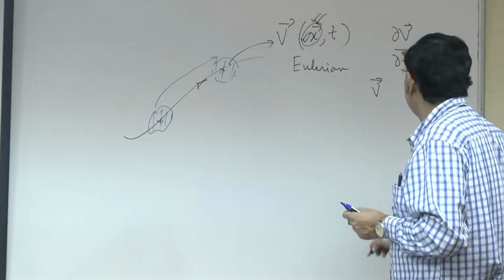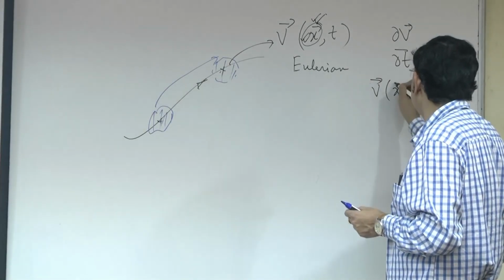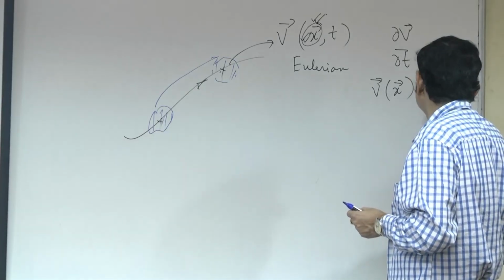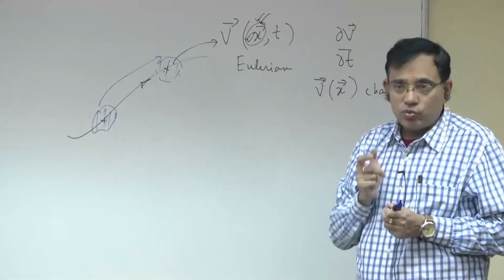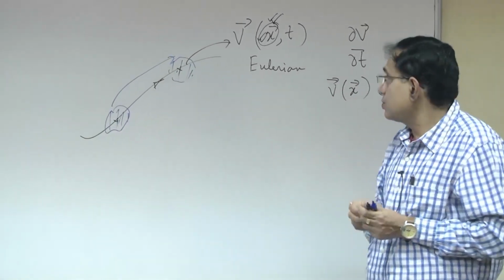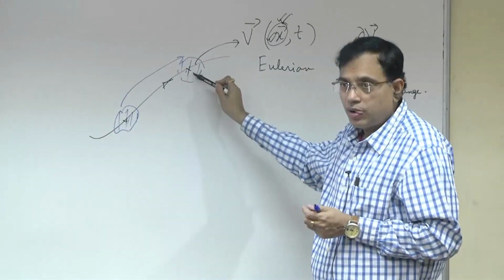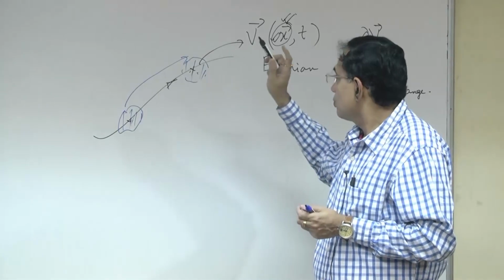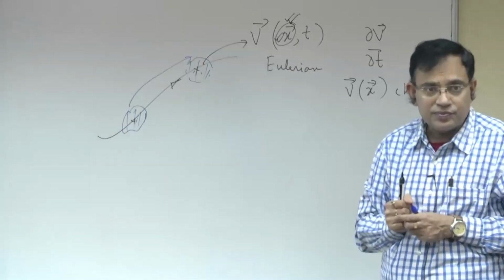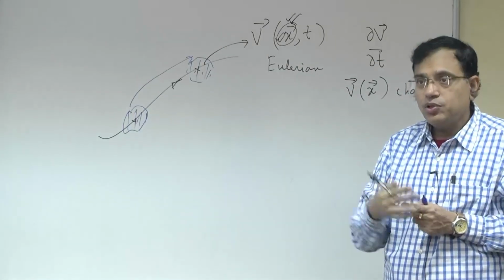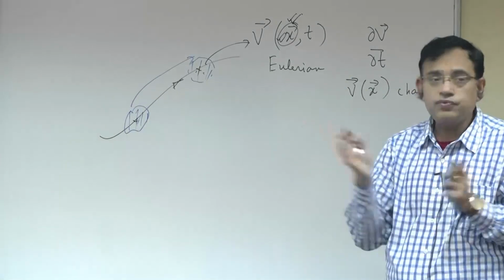So, you have velocity as a function of position and it can change. What is the cumulative effect? The cumulative effect is that you have a total change from here to here: one because of the change in time, even if the position had not changed, and the other because of the change in position, since a new point will have a new velocity, even if things are not changing with time.